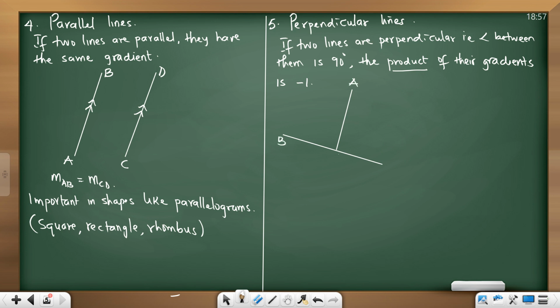A, B, C, D perpendicular. It means gradient of AC times the gradient of BD is equal to -1. This is very, very important.